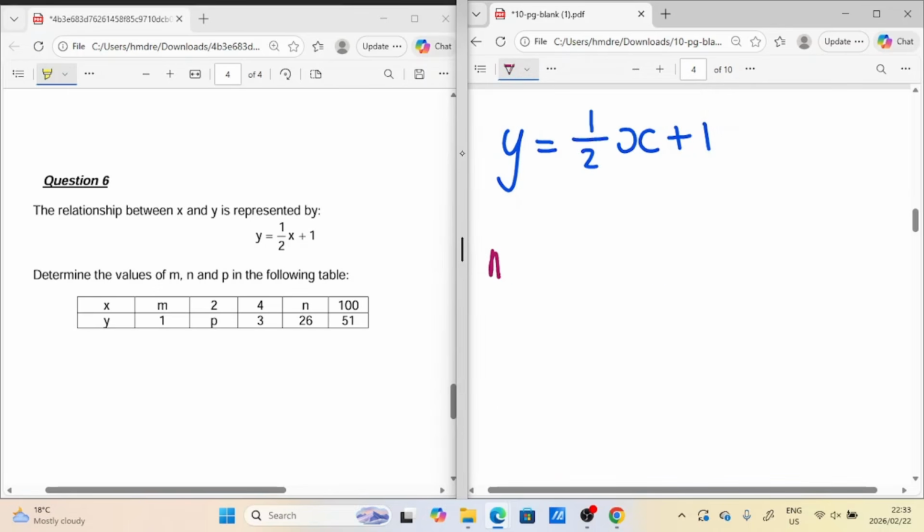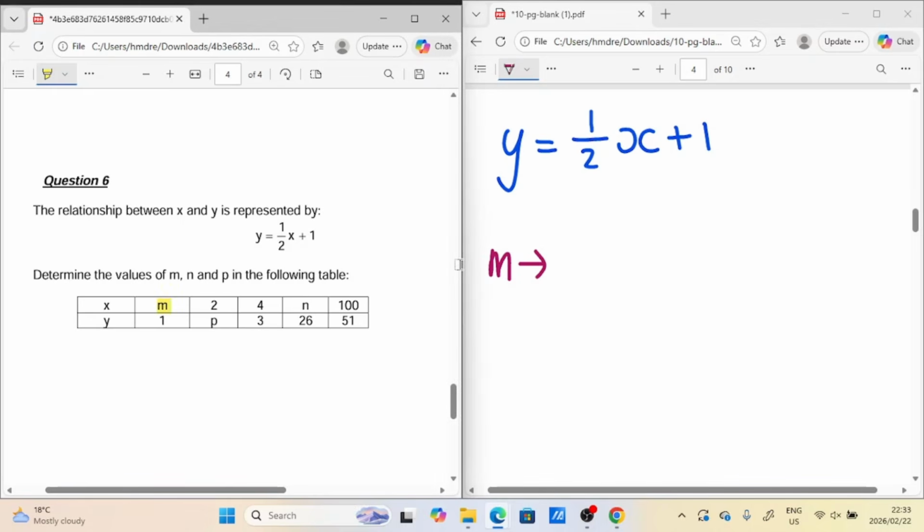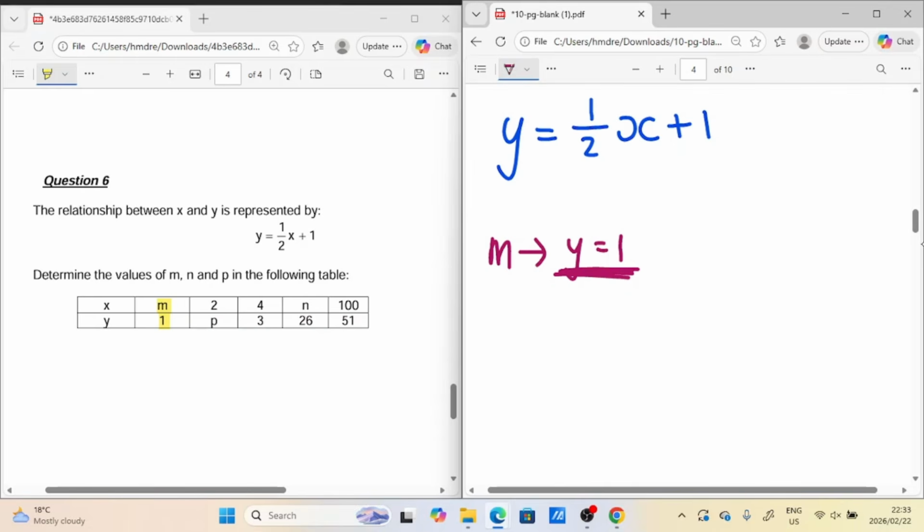So m is when, we can see here, m is when y is equal to 1. So we are just going to sub this into the equation and work out what m would be. So 1 is equal to a half x add 1. Let's solve for x.